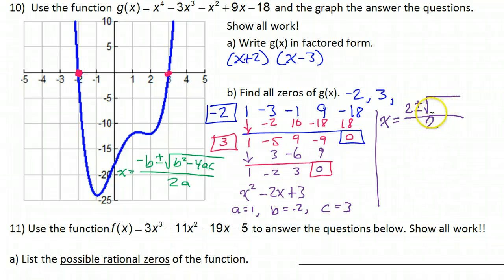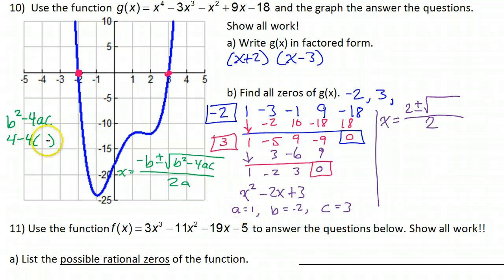Now, I always calculate this b squared minus 4ac by itself, so today will be no exception. I'll do it over here. b is negative 2, so b squared is 4, minus 4ac.